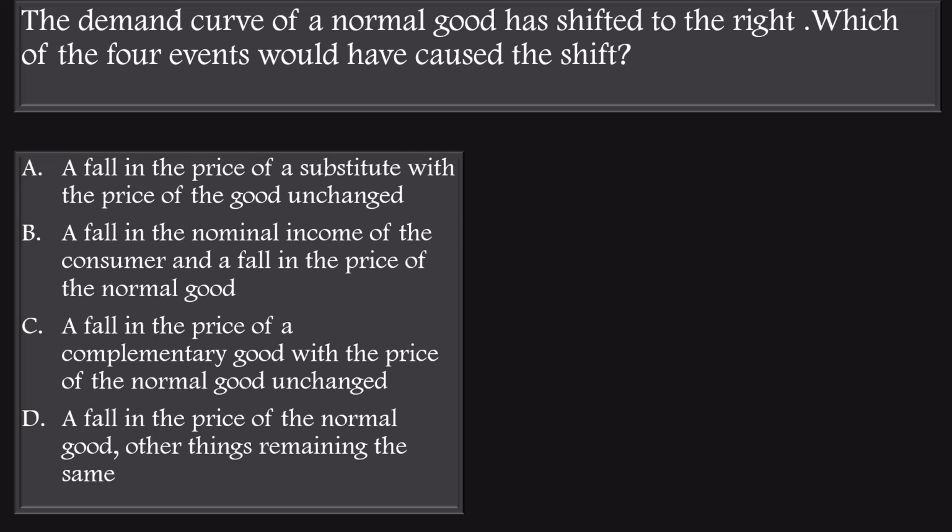B. A fall in the nominal income of the consumer and a fall in the price of the normal good. C. A fall in the price of a complementary good with the price of the normal good unchanged. D. A fall in the price of the normal good, other things remaining the same.